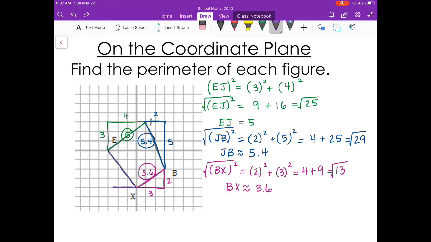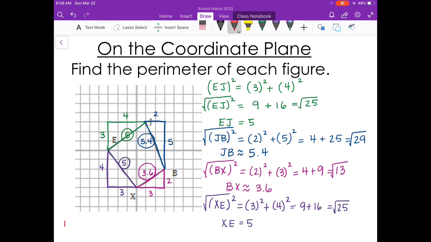And for the fourth side of the figure, segment XE, we'll do the same thing. Now we're ready to calculate the perimeter of the figure by adding all four sides together.